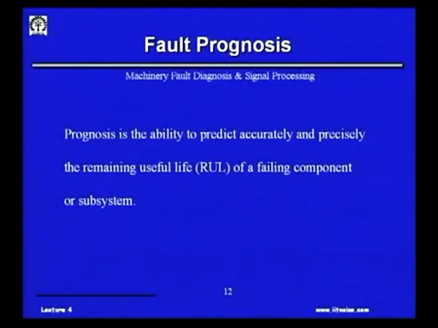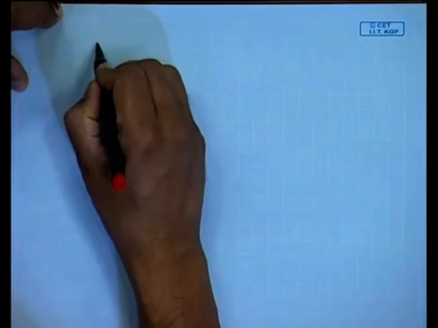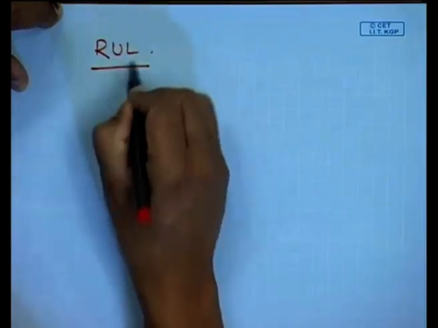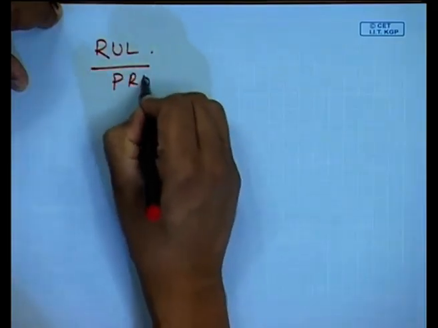Now once we have an idea regarding fault detection, fault diagnostics, fault isolation, identification, and once we have understood our system, the most important parameter is the RUL, what is actually known as fault prognostics.